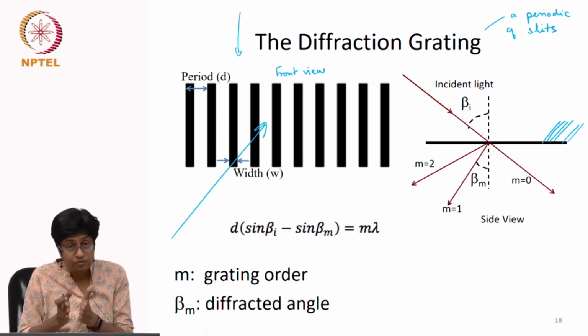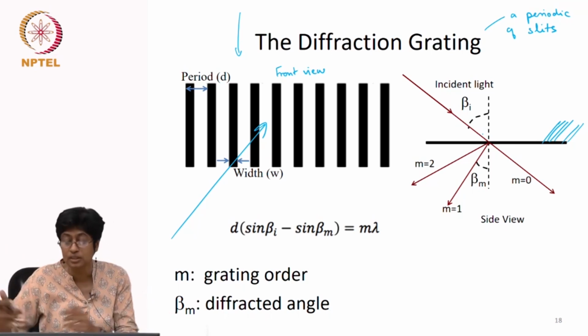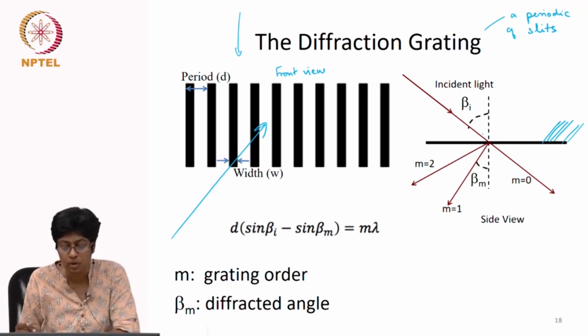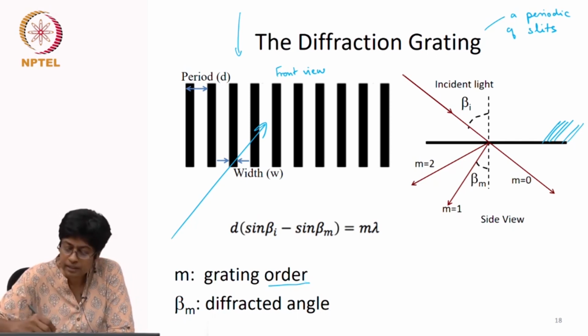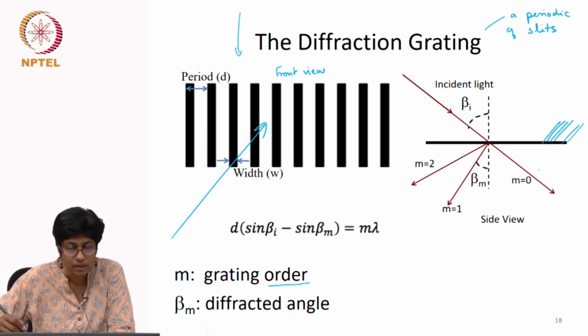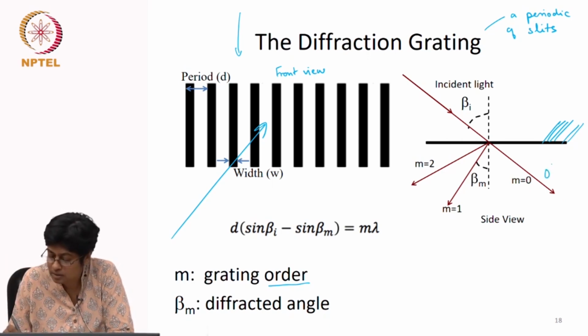Because I now have light constructively interfering at select positions, I have a number of what we call orders. One order continues as if there was no grating at all. This is the order that is following the geometric optics rules, and that's why we call this the zeroth order.